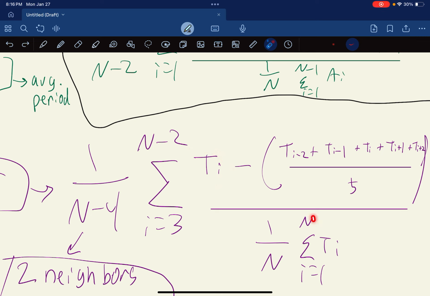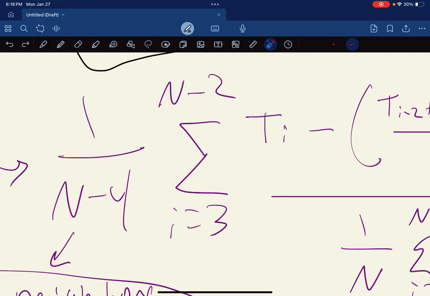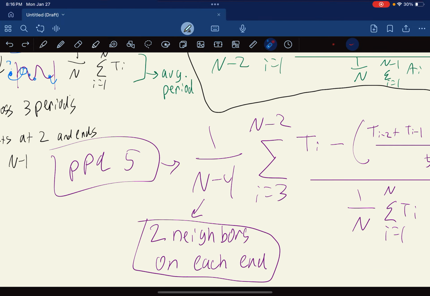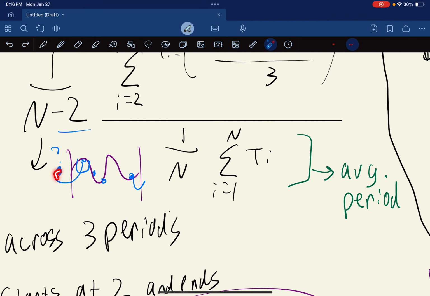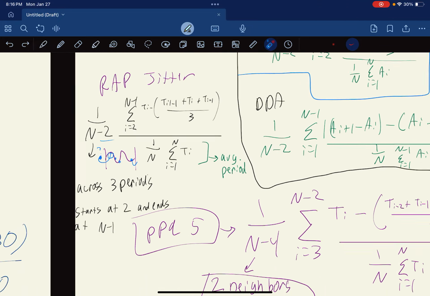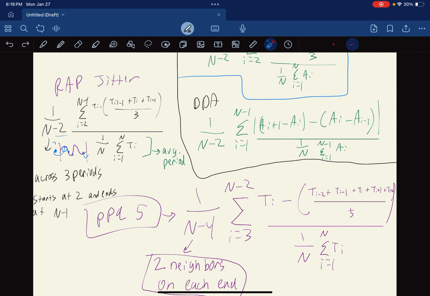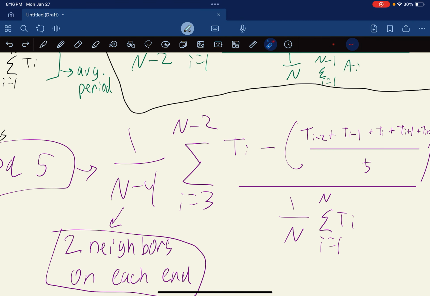And then you normalize it again with the average frequency to get that value, and this is n minus 4 because there's two neighbors on each end. So similarly, for this point, it needs 2 neighbors, and this point needs 2 neighbors. Because the window is missing those two fringe points at the very end, that's why we use n minus 4 right here.